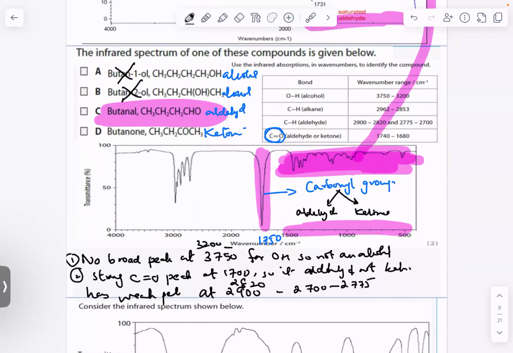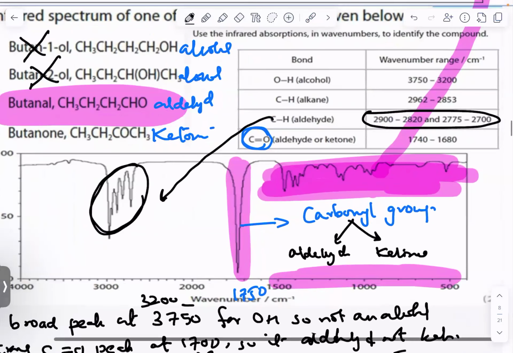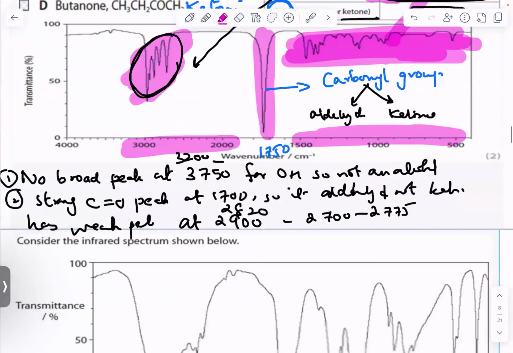So that means that it is not a ketone, it is an aldehyde. Have a look here. So 2900, can you see this part? This matches with this aldehyde. And this is ketone. Ketone is around 1714 to 1680, but that is for aldehyde and ketone. This region is specific for the aldehyde. Okay, understood, good. Now the next one.